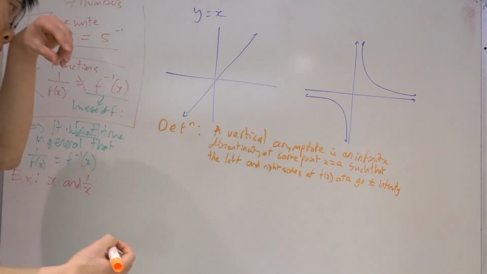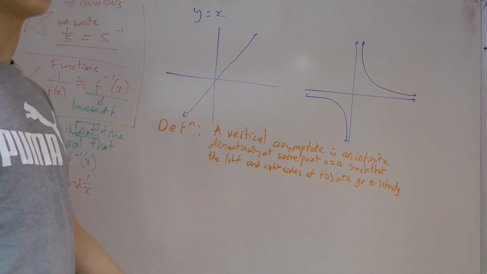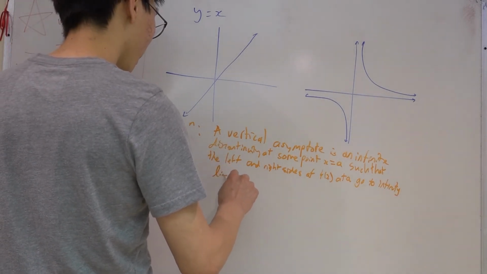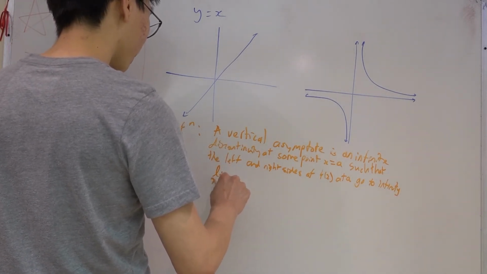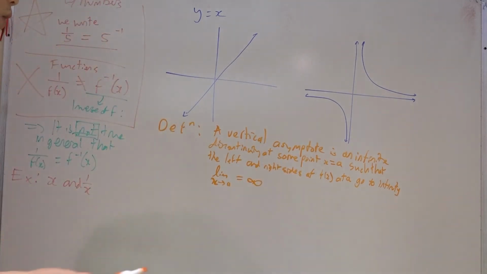Okay, this is the definition. If I ask you for the definition, you can either write this or you can write the more compact notation in limit notation. So all you have to write is limit as x approaches a is equal to infinity. Okay, or does not exist.